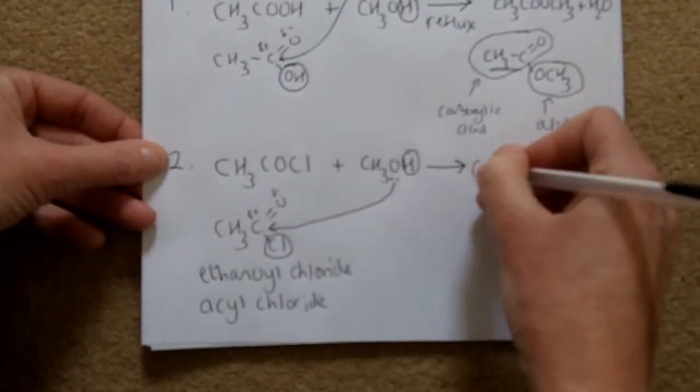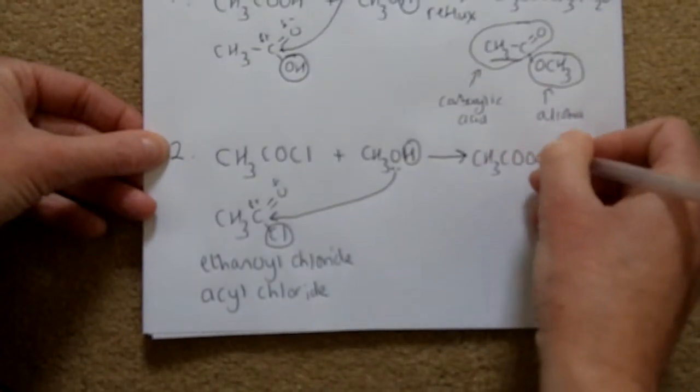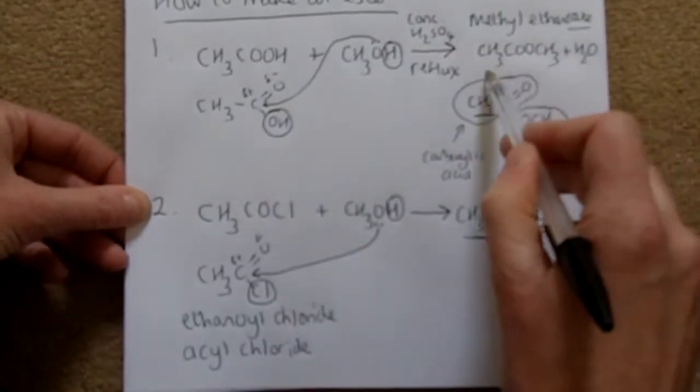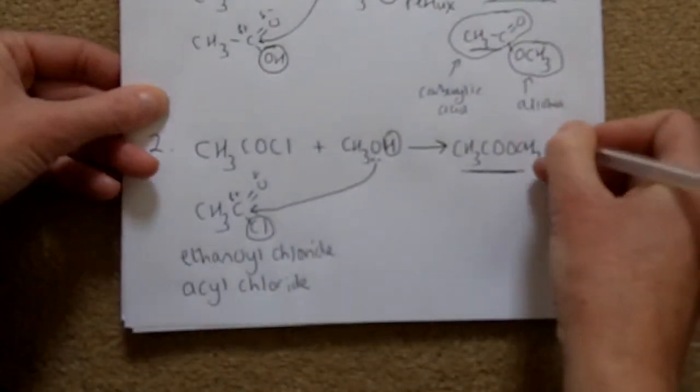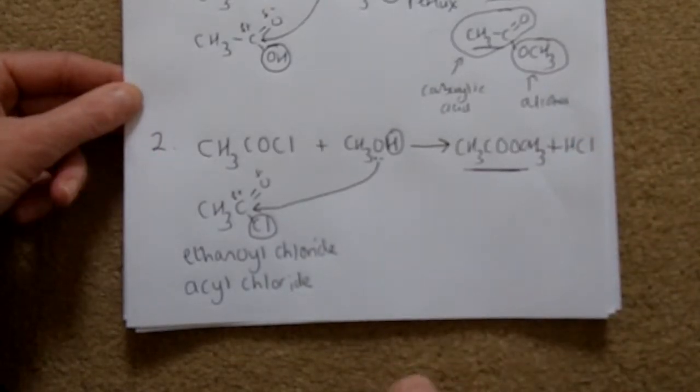So we have the ester, COOCH3, the same ester is made, but this time the other product is HCl.